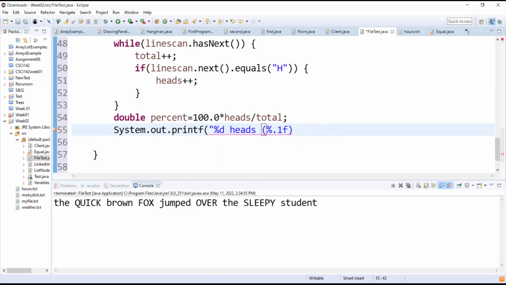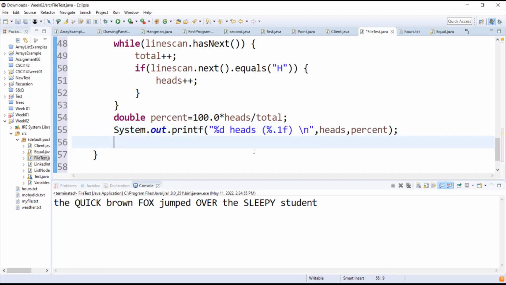Then \n to make it a new line, double quotation marks close, comma, and now for %d I want heads to be printed, comma, and percent to be printed at %.1f, semicolon.